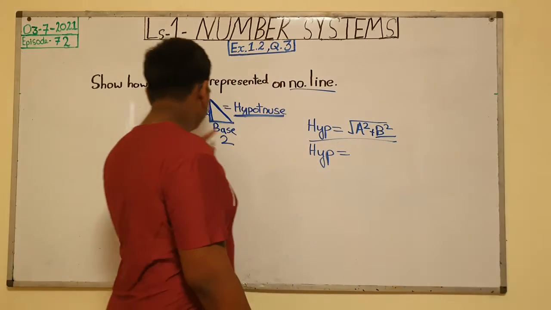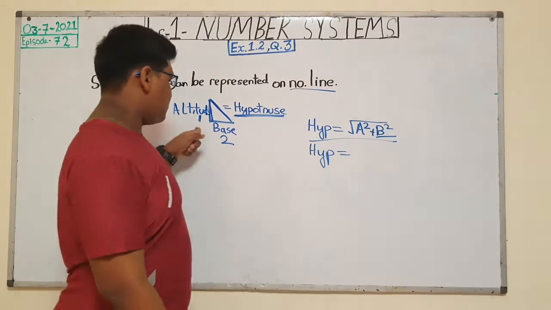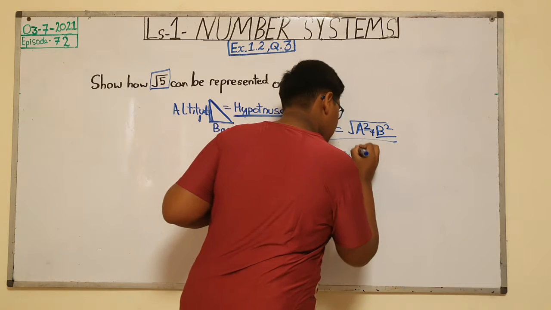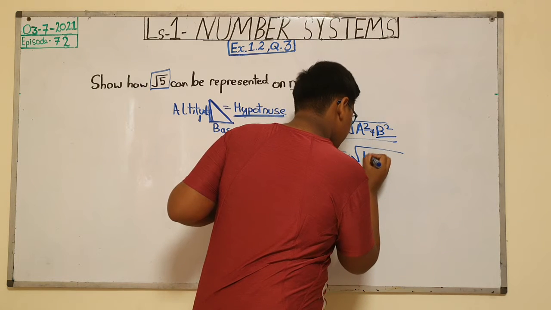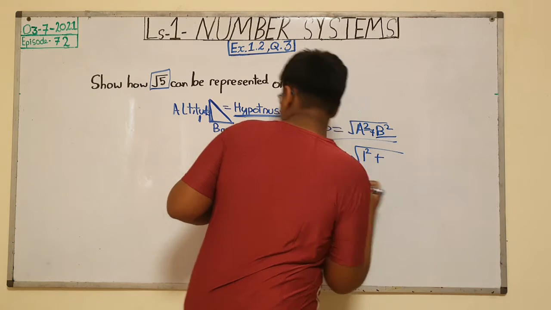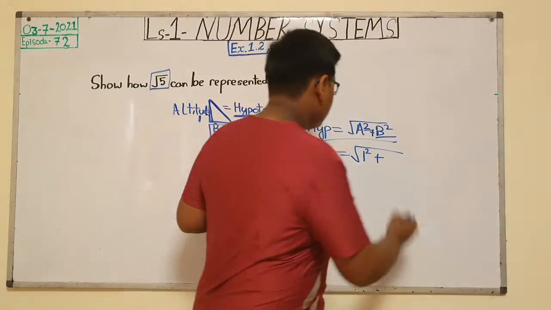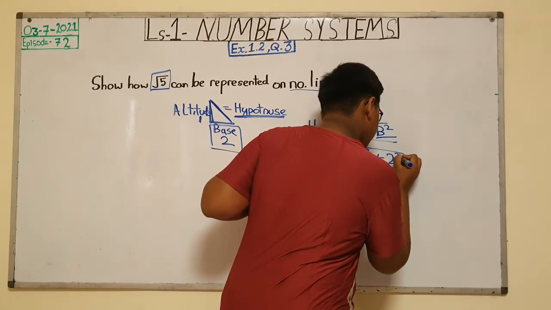The hypotenuse is equal to root of 1 square plus 2 square.